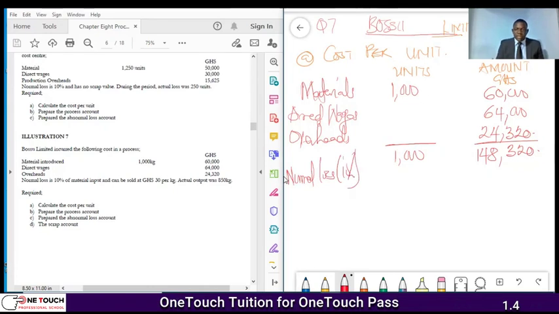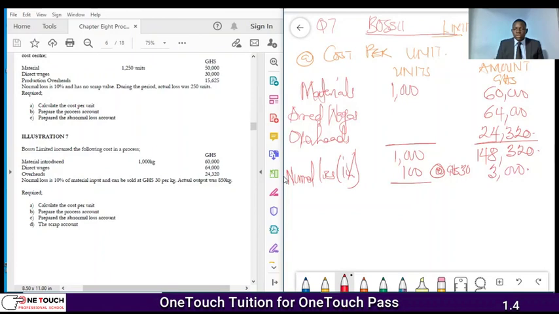So 10% of 1,000 is 100. Now, this can be scrapped. The normal loss is 10% of material inputs and can be sold at 30 Ghana cedis per kg. So 100 times 30 Ghana cedis gives us 3,000.